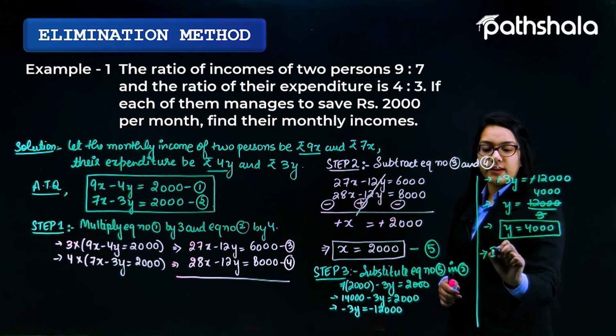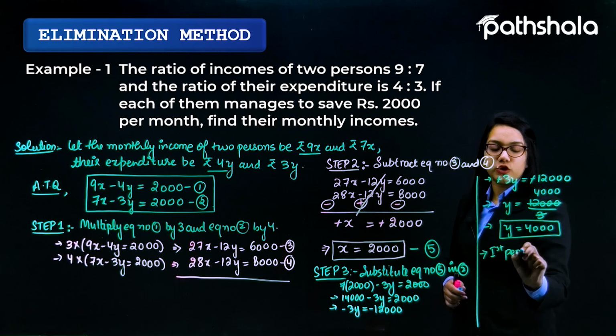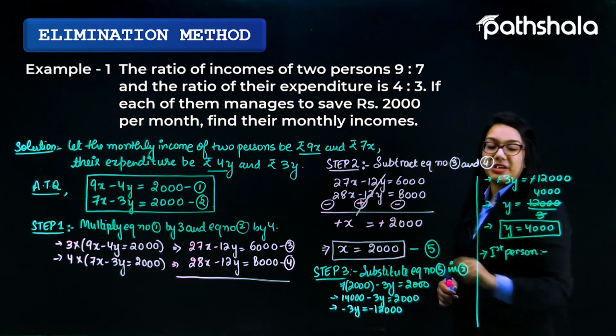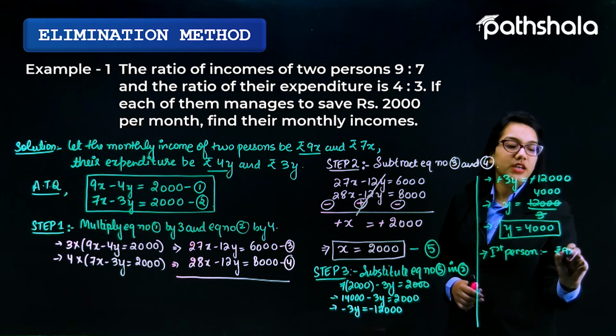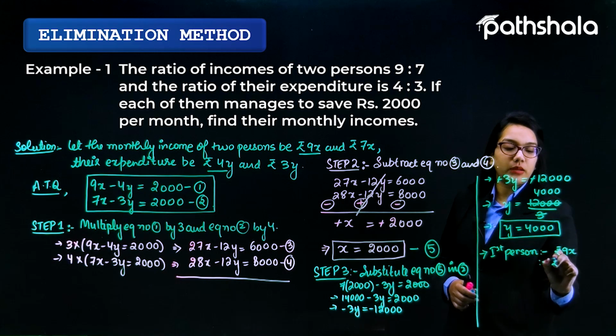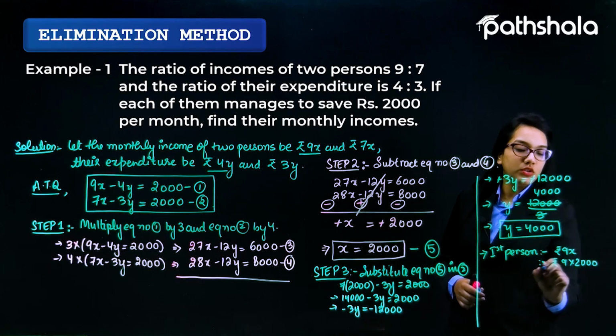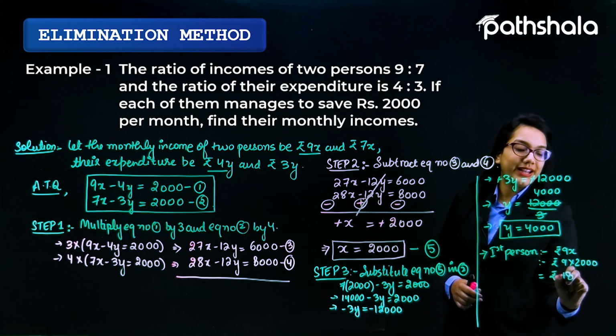So at the end we just wanted to find out their monthly incomes. For the very first person, the monthly income is rupees 9x. So the monthly income would be 9 into x, which is 2000, so this is rupees 18,000.